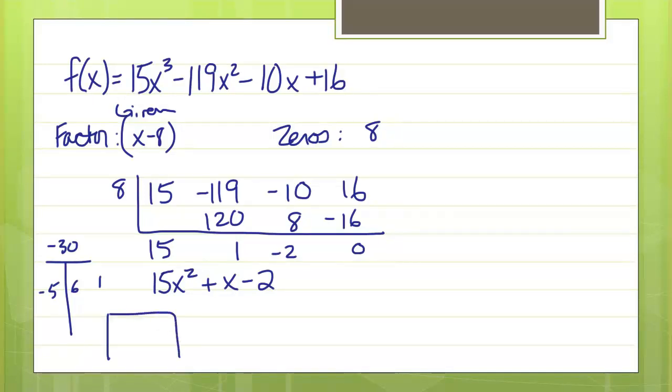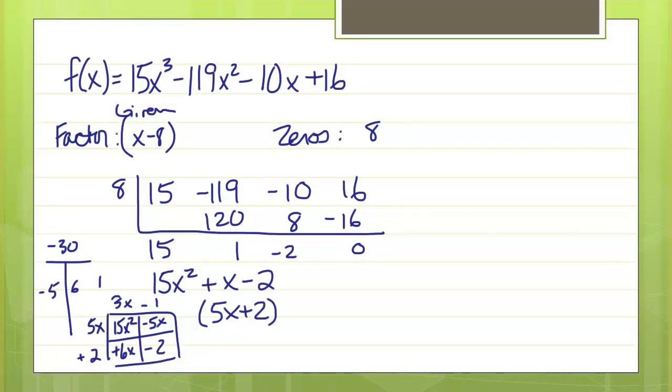So 15x squared, negative 2, negative 5x, positive 6x. This is going to be 2, 5x, 3x, and negative 1. So it factors to 5x plus 2, 3x minus 1.